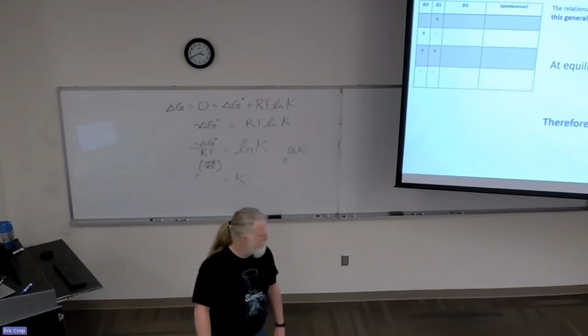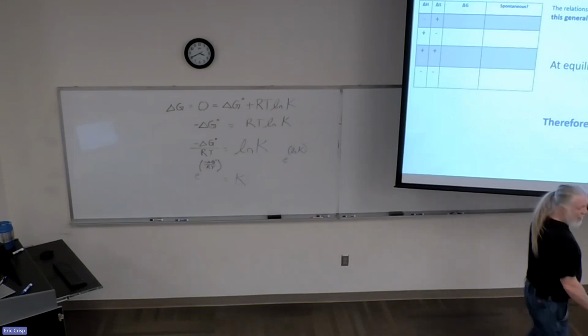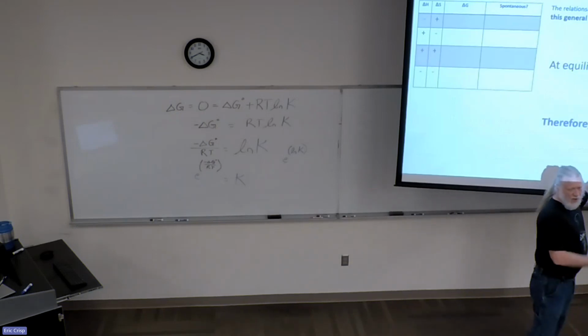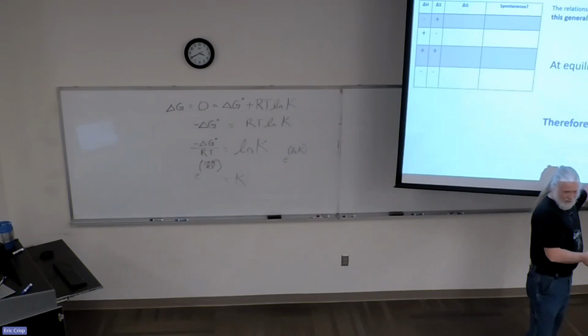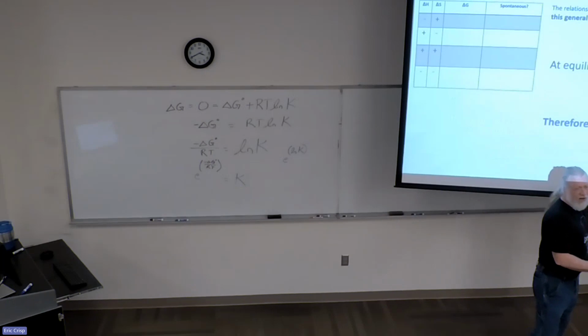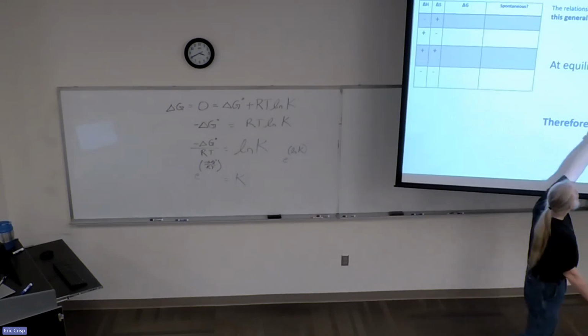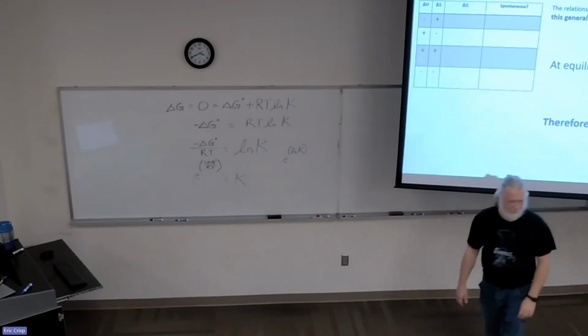This is the delta G for the reaction at standard conditions. Practically, this is the delta G that we're going to get from the table in the back of the book, products minus reactants. This delta G naught is the one we're going to get, not what's actually going on in our beaker. To get the one actually in our beaker, we need to do that easy.